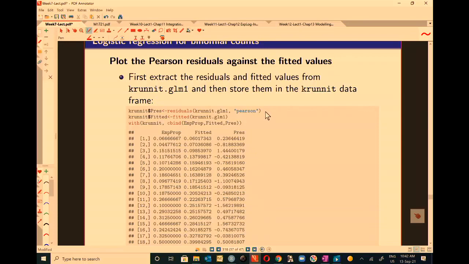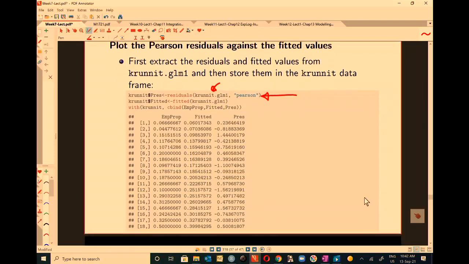Actually, this is not by formula, this is by extracting it from the fitted model itself. So it is the residuals from the model that we fitted, and the type of residual is Pearson, so it extracts it for us here.